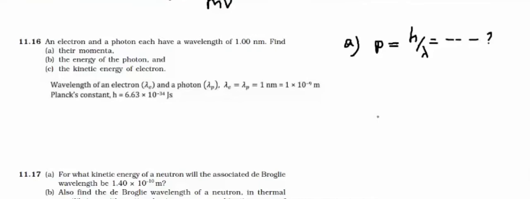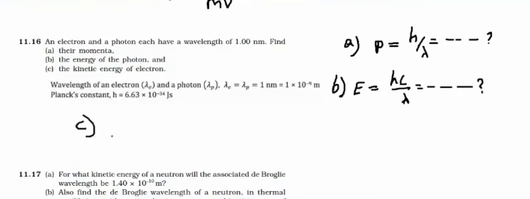Then part B, energy of photon. You can use the formula E is equal to hc by lambda. Lambda is given, so you will get the value of energy. Now come to part C, kinetic energy of electron.